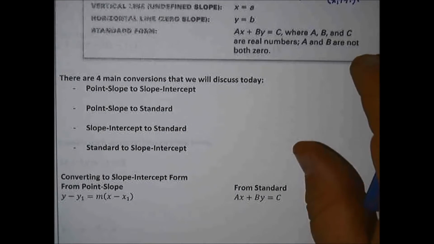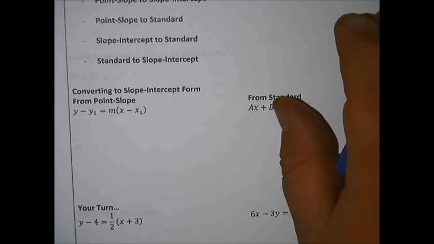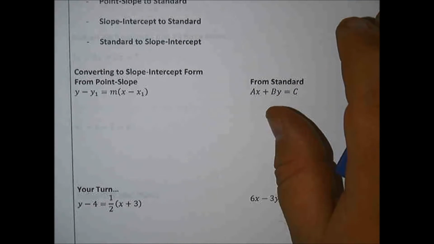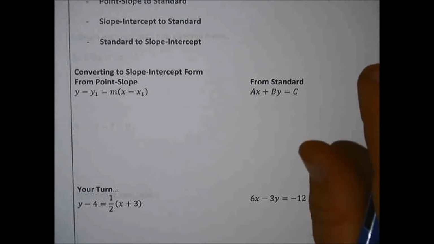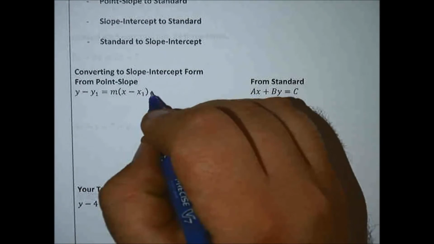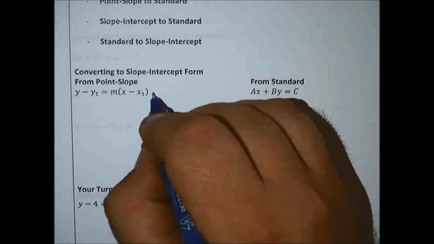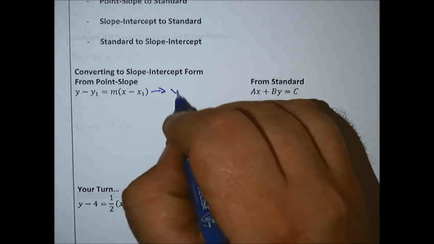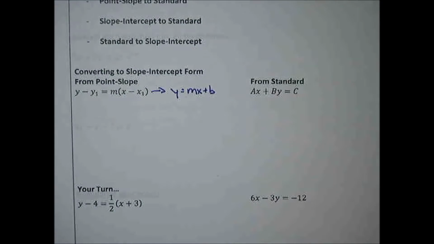Now, we're going to start off by converting to slope-intercept form, from point-slope form. So we're going to go from y minus y1 equals m times x minus x1 to just y equals mx plus b.